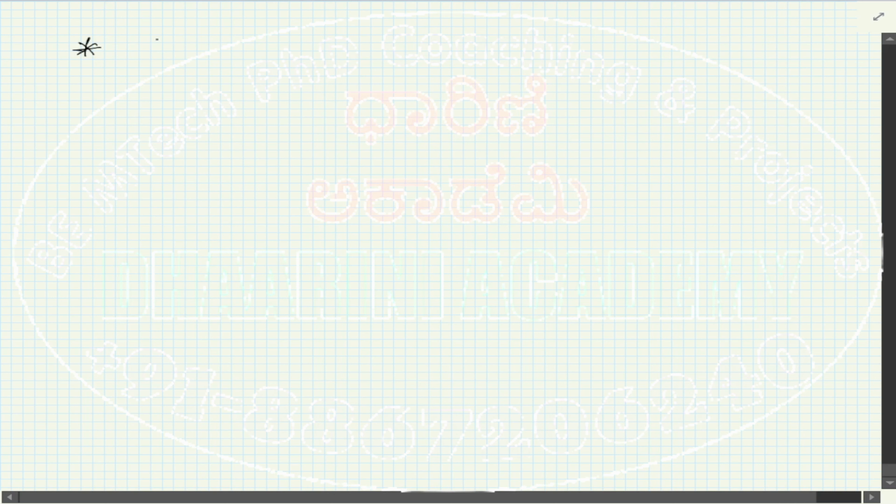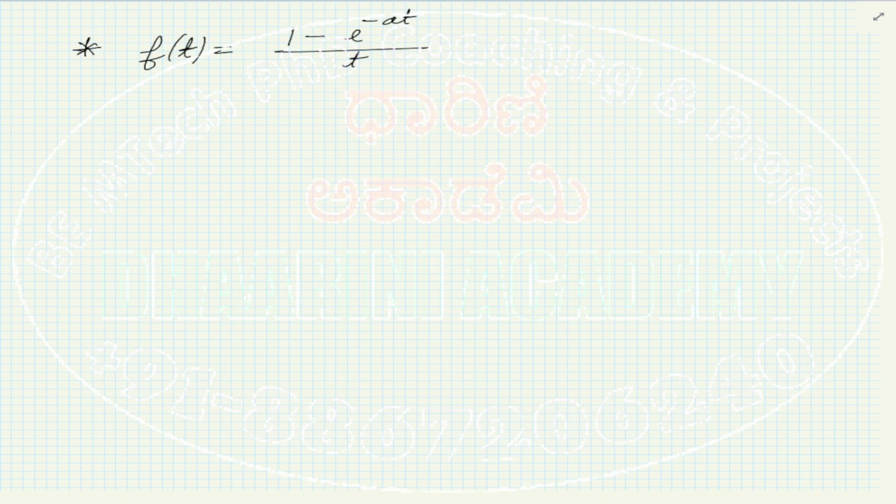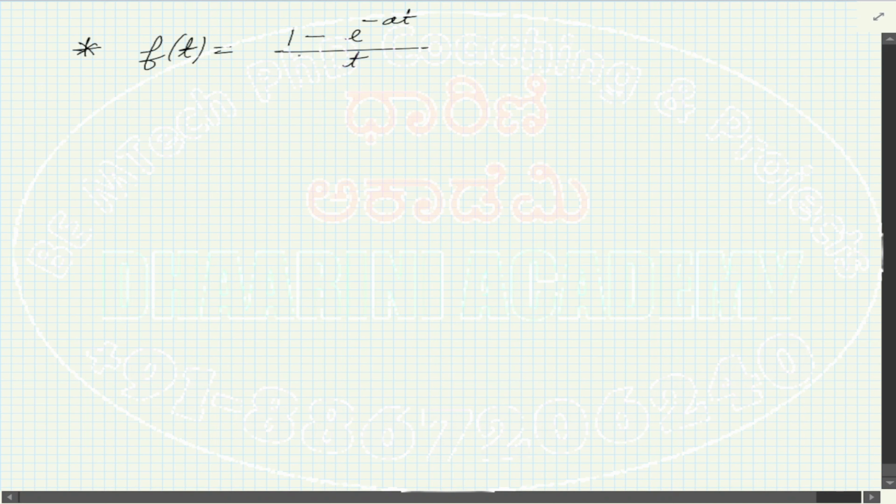So here, let's take f of t is equal to 1 minus e to the minus at divided by t. Right? So as soon as I see divide by t, we have a property that is integration on the right hand side.